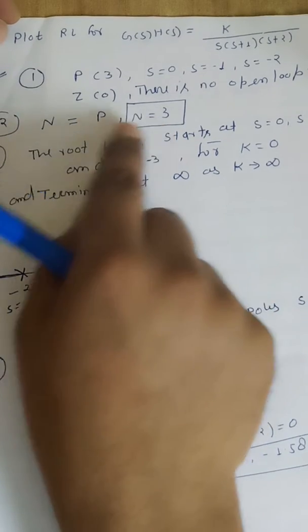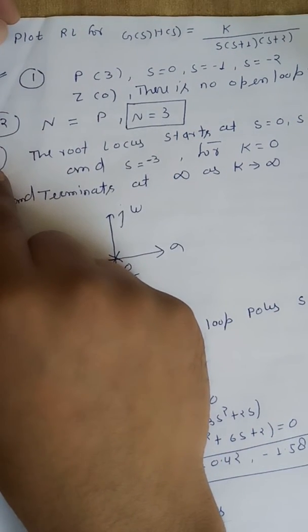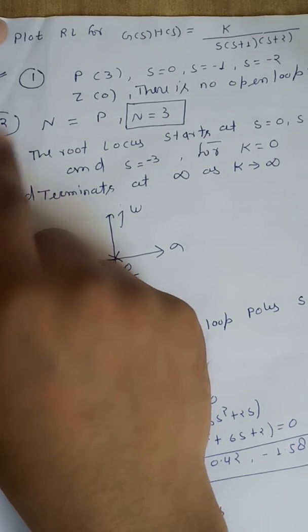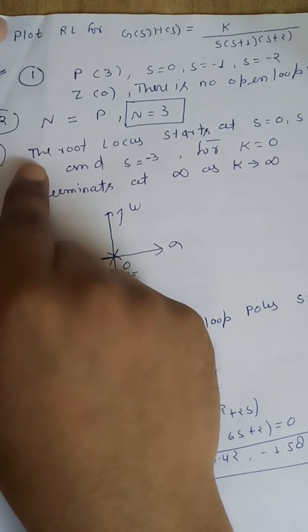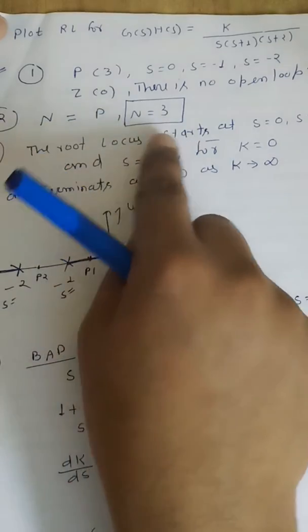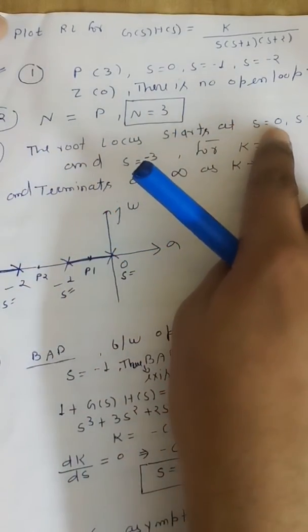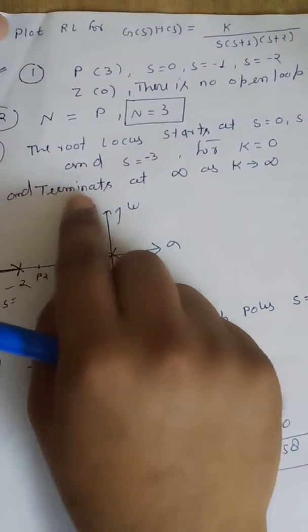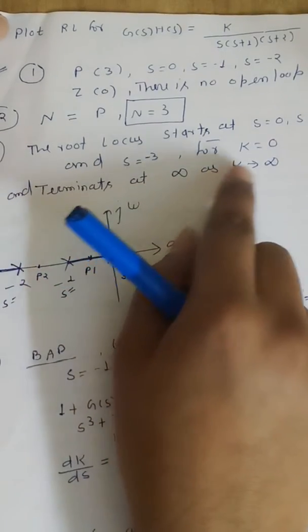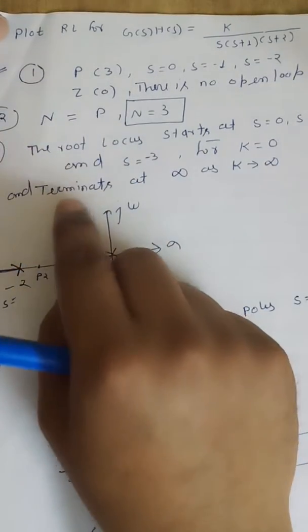Now let us see third rule. According to the third rule, we will decide starting and ending point for the root locus branch. We know we have three root locus branches for the system. So first root locus branch starts at s equal to 0 and terminates at infinity as K tends to infinity, because we don't have any open loop zero.